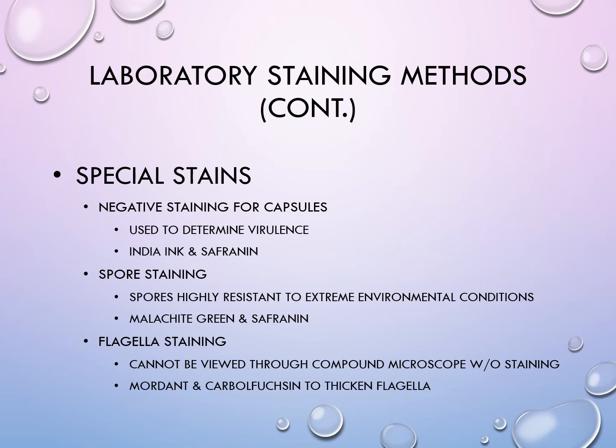And so when we do spore staining, again, it's really difficult to get the spore to take up the stain. So all the other staining processes that we've talked about really won't work. So here they use something called malachite green, and they fix the bacteria to the slide, and then they go ahead and use that malachite green to do the staining.